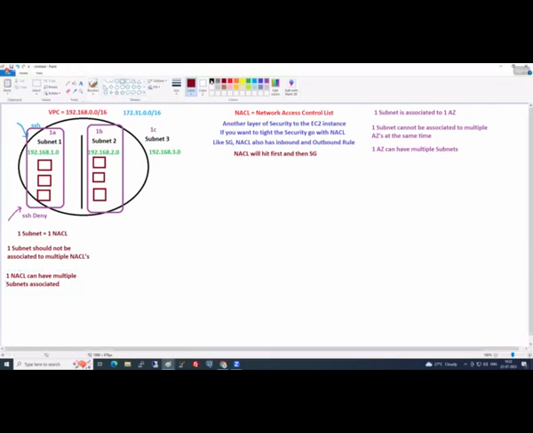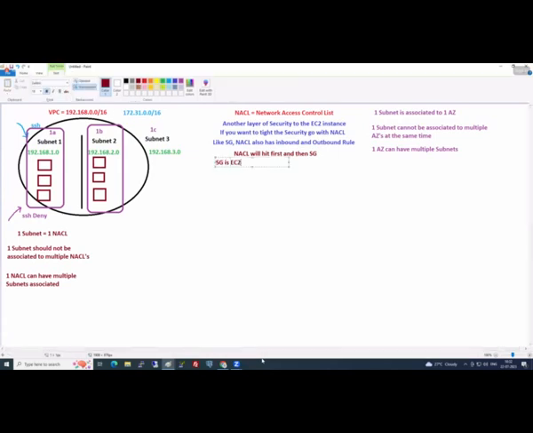So let's say security group is EC2 instance level, correct? And NACL is subnet level.